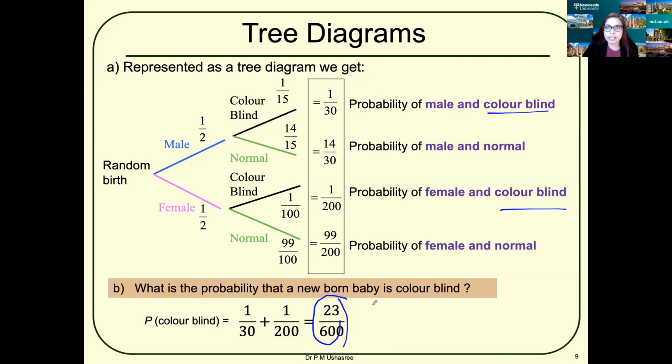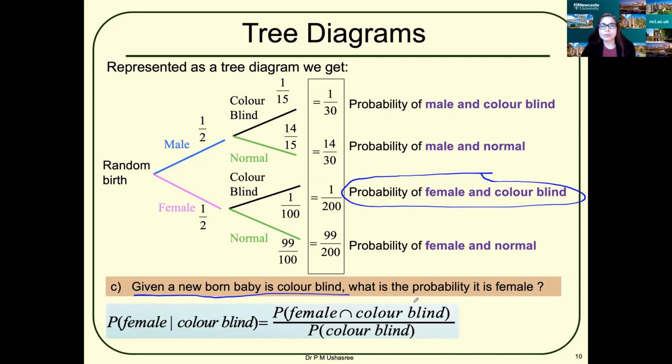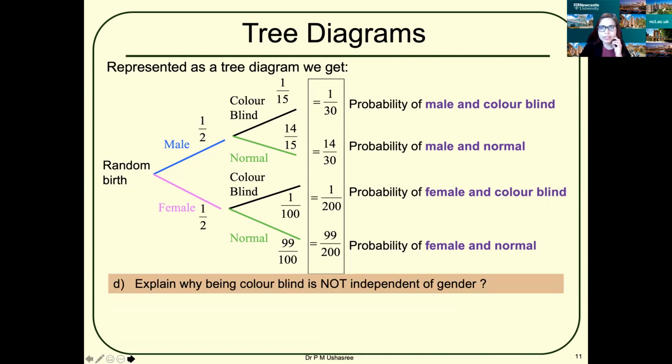So that is the probability of getting a colorblind baby. So you write down what is female intersection colorblind and divide it by 23 over 600. And then you get the conditional probability. Okay. Next, the last one, I think.